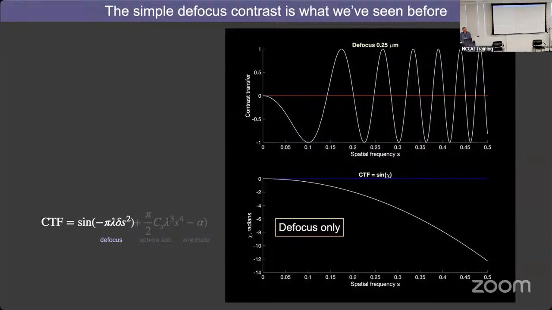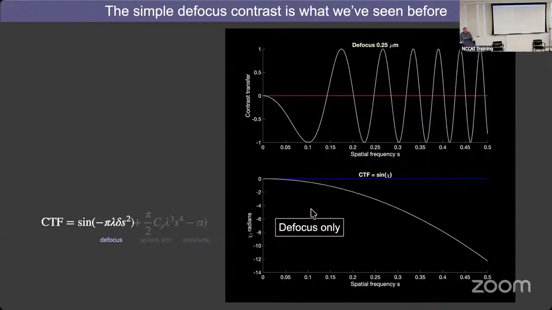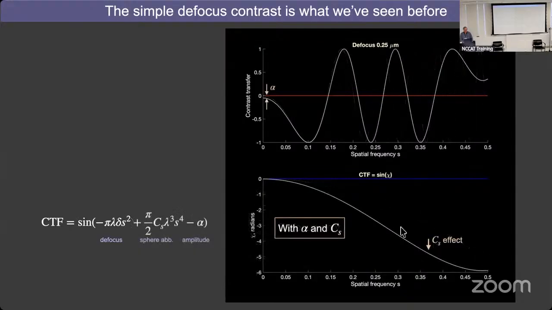Okay, so this is what I talked about before. This is the contrast transfer function where I just have the defocus term, but now when I add these other terms, several things happen. One is, notice that the chi function as a function of spatial frequency was just a parabola, but now it's turned into something more complicated. That's because the Cs effect, the spherical aberration effect, changes that curve and flattens it out.